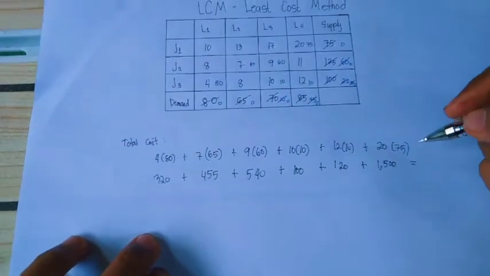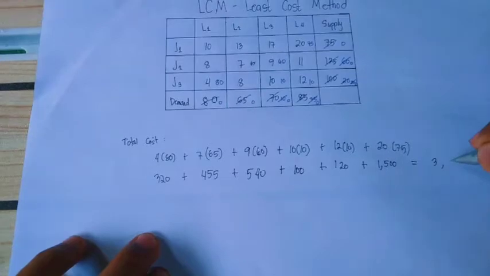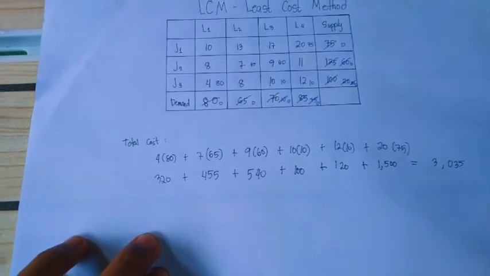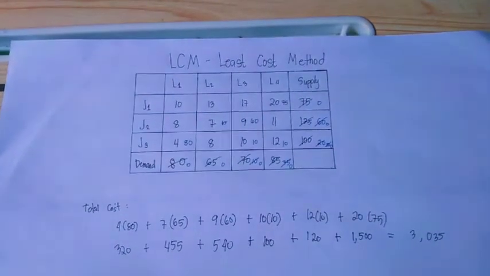So the total cost is 3,035. So that's it, the least cost method.